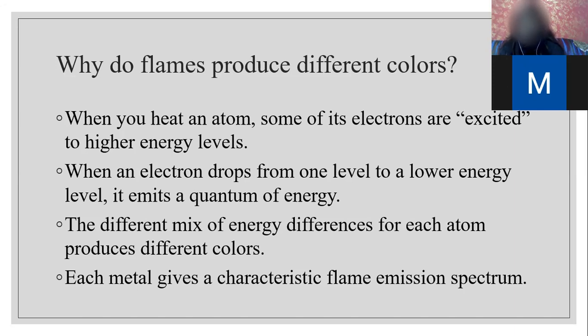The energy of the emitted light depends upon the energy difference between the two energy levels. That means the energy difference between the lower energy level and the high energy level is the energy of the light that is emitted. Different mixes of different energies are produced, and each atom produces different colors. Each metal gives a characteristic flame emission spectrum.